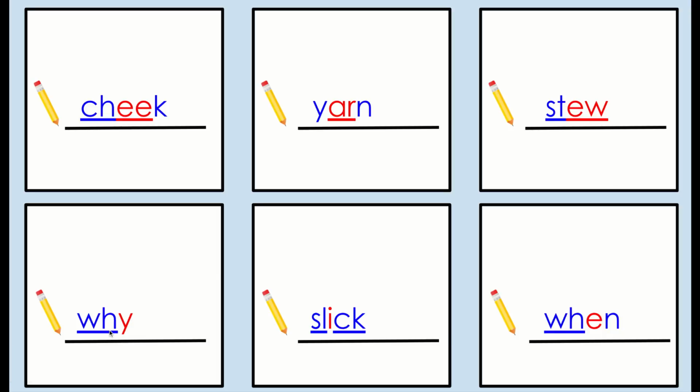The next word, why, with the letter pair WH. The next word, slick, with the letter pairs SL and CK. And the last word, when, with the letter pair WH.